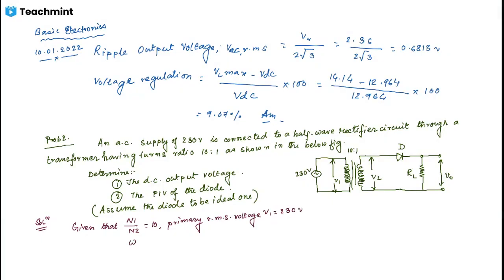So we know for a transformer N1 by N2 equals V1 by V2. So from here we can find out the secondary RMS voltage.